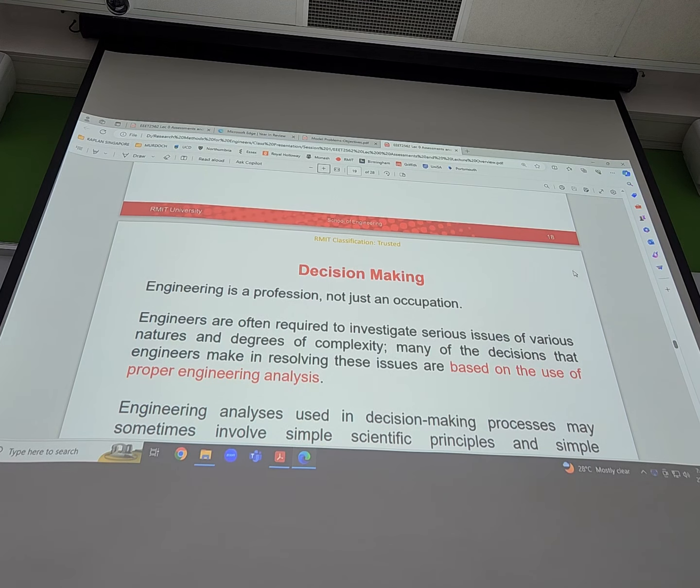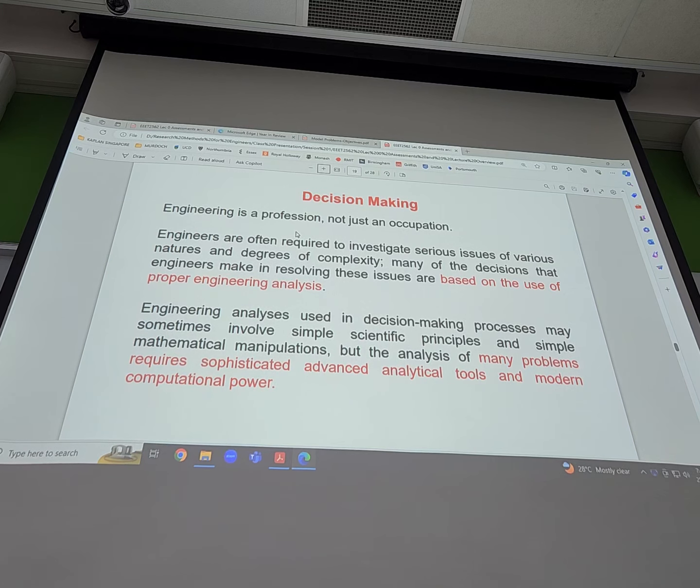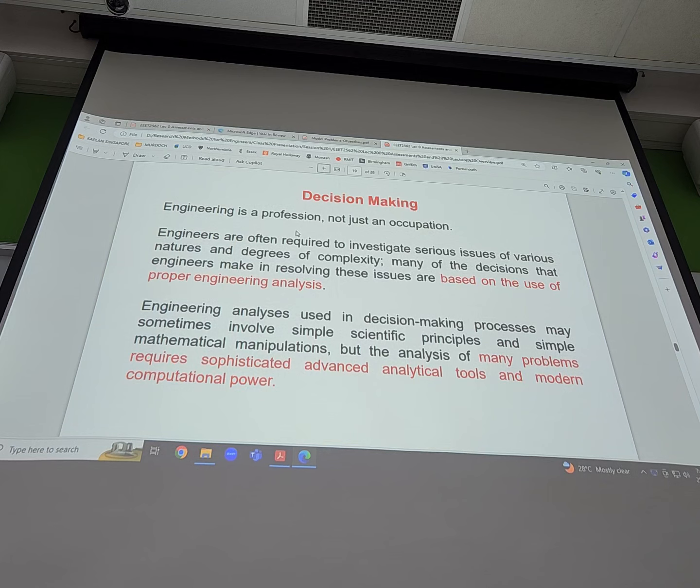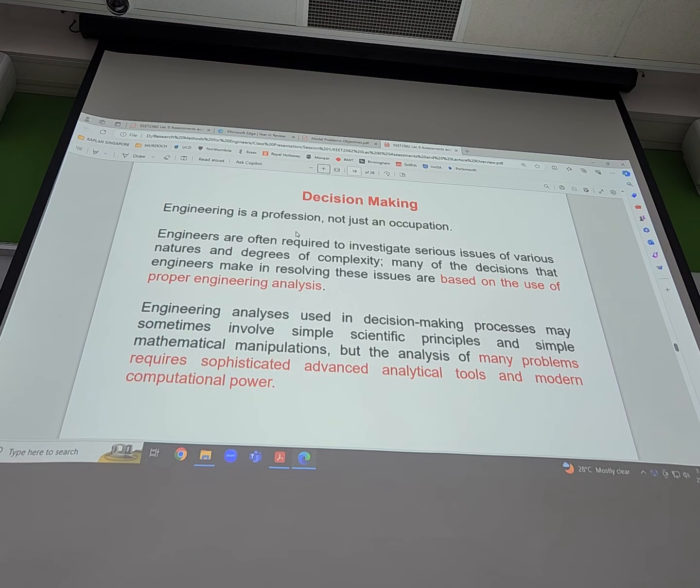Engineering is always a profession, right? It's not just an occupation. So you need to apply engineering analytical tools and techniques to solve a problem and find a solution.